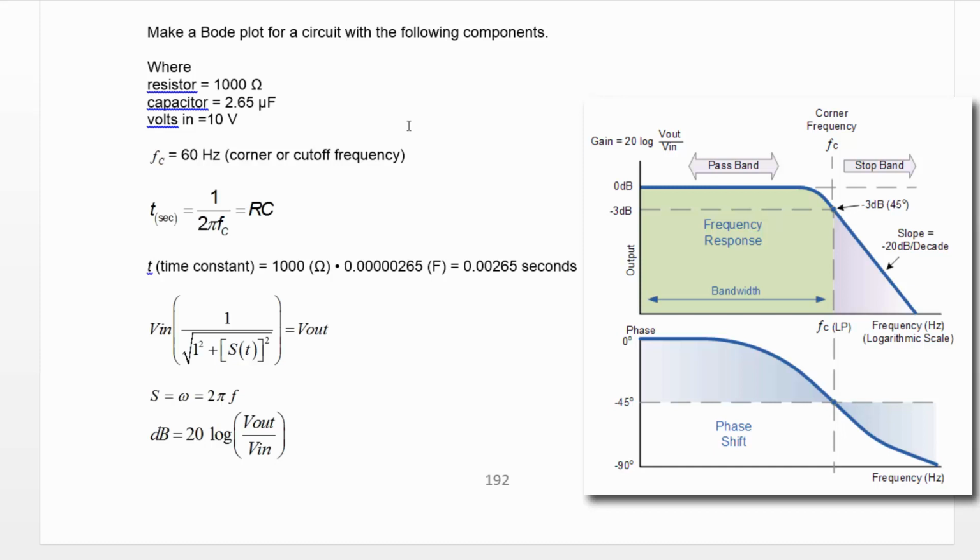All right, and our volts in is 10 volts. We're setting this F sub C, which is the corner frequency. This is the frequency at which you start attenuating to 70.7% of your voltage. We call it the corner or cutoff frequency.